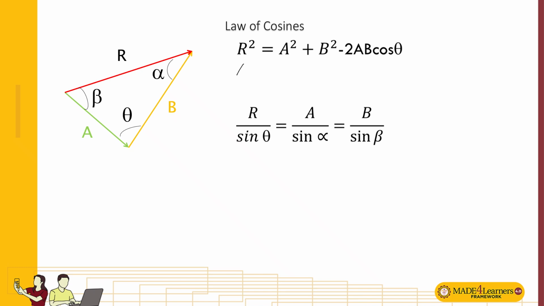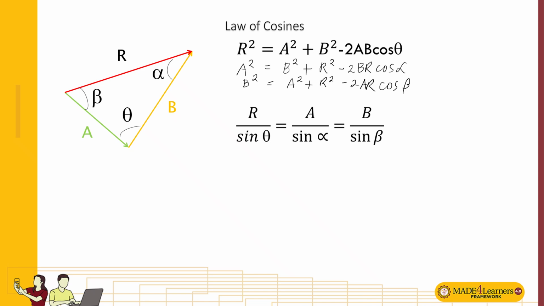So we write a squared instead of r squared, and then b squared plus the third side r squared, minus 2br cosine of alpha. And if we're going to use angle beta, it's b squared on the left side, and then a squared plus r squared minus 2ar cosine of beta.